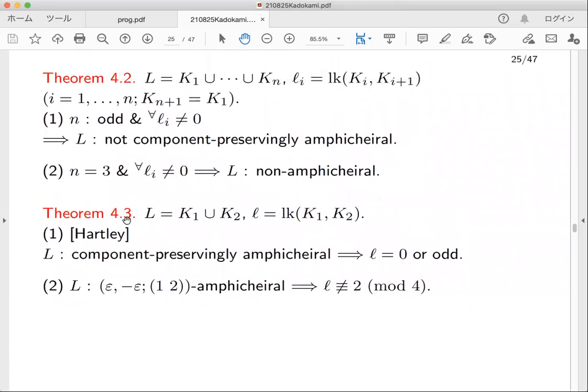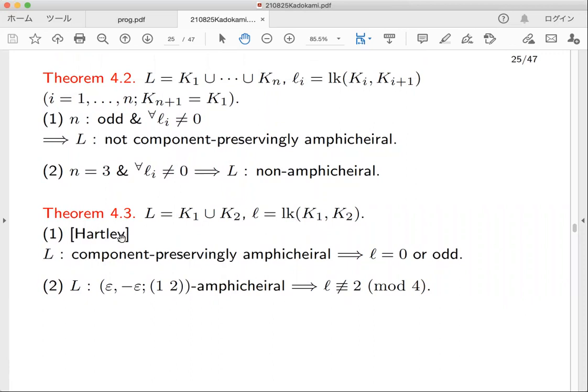Theorem 4.3. Let L be a two-component link, K1 and K2, and l the linking number of K1 and K2.